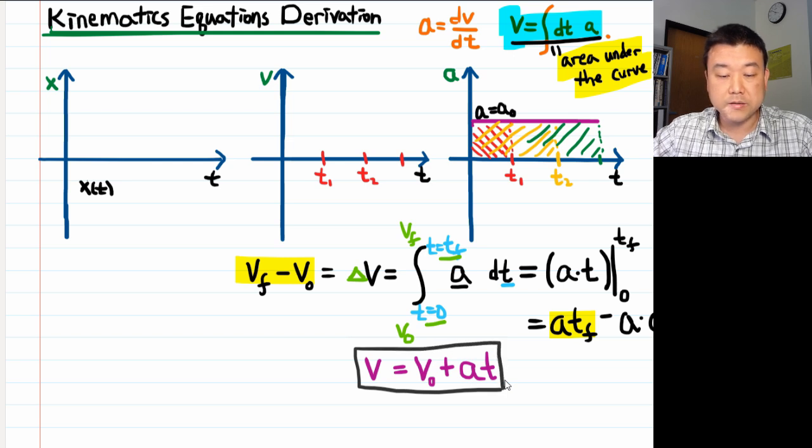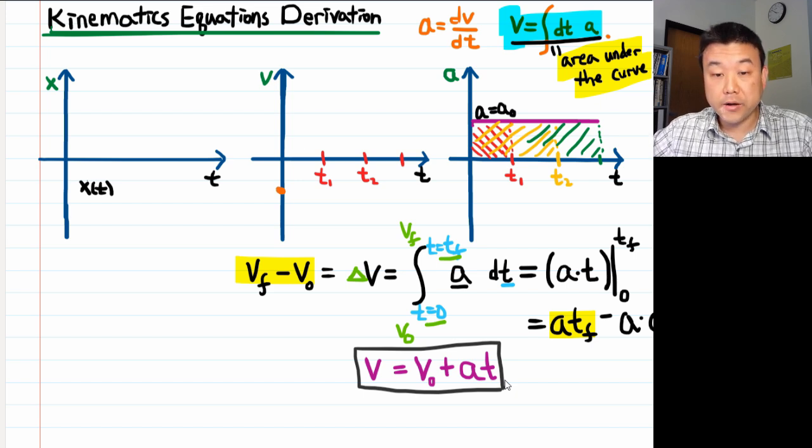You start out at some initial velocity, and the acceleration changes the velocity as a linear function of time. And this shows where the negative value of velocity came from. The initial velocity was simply negative. So what that means is at time equals 0, we start out at some negative value of velocity.